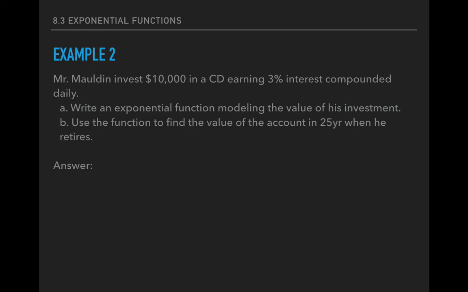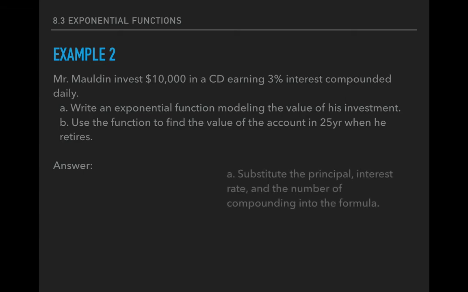And this CD earns 3% interest compounded daily. So we want to write an exponential function modeling the value of his investment, and then use that function to find the value of the account in 25 years, which is when he's going to retire.